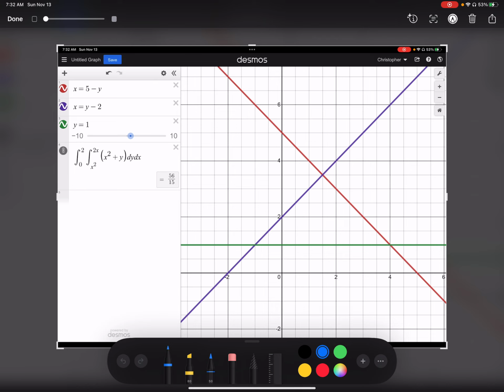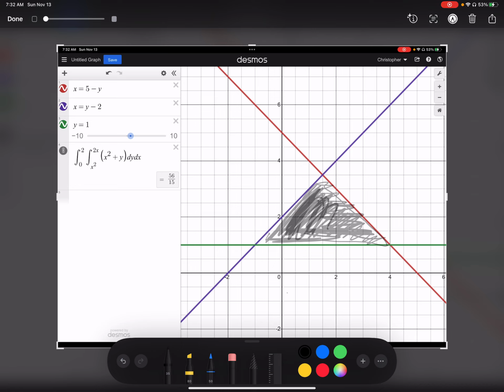It's important here that you choose the correct variables for integration. So what we're doing is we're integrating over this region. And again, there's some surface above that. This is on the XY plane, and there's some surface above this which has a volume over this region. Now, there are two ways to integrate this.